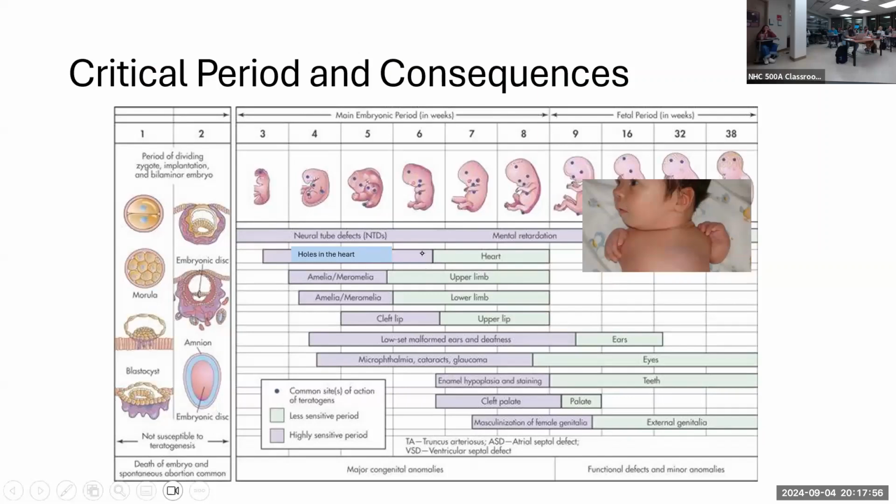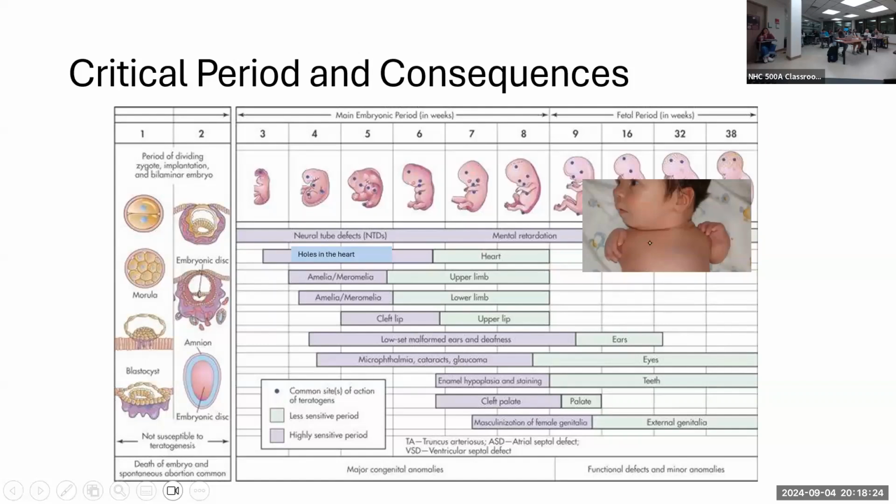Something happens here with the heart early in these first 6 weeks, we might have holes in the heart, like, you know, this child might really struggle. This cleft lip is occurring here. See if there's anything else. Masculinization of the female genitalia. Again, that's if something is happening with respect to the anomalies in the sex hormones.